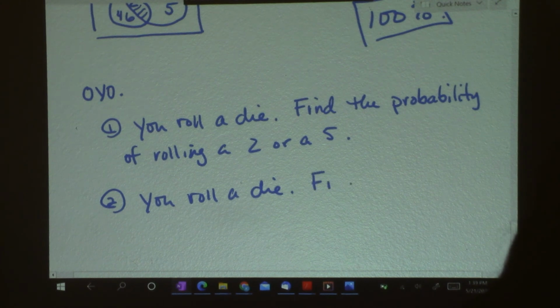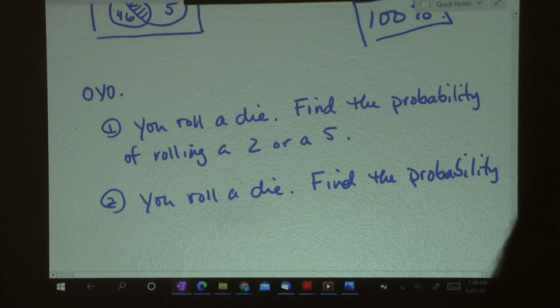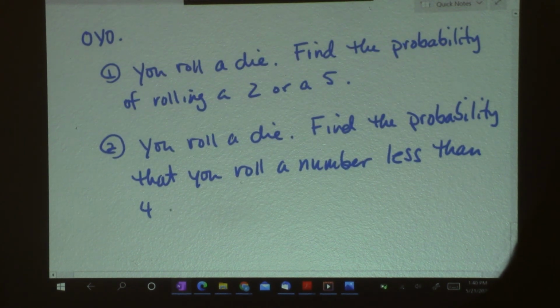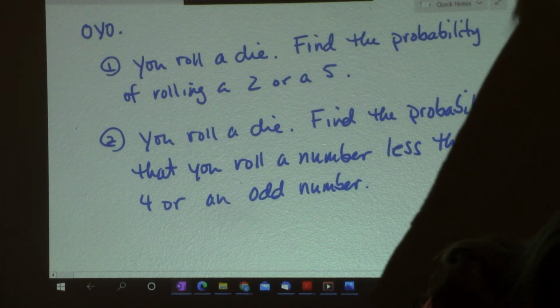Find the probability that you roll a number less than 4 or an odd number. Okay, go ahead and work on those two. Pause the video and we will come back in just a moment.